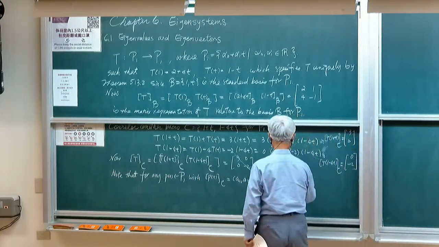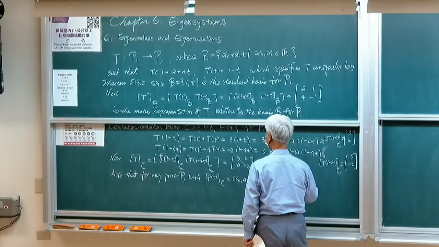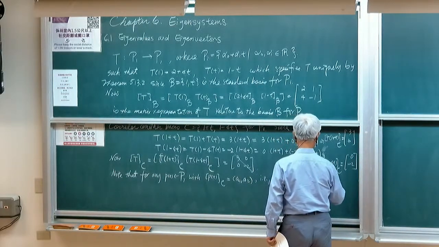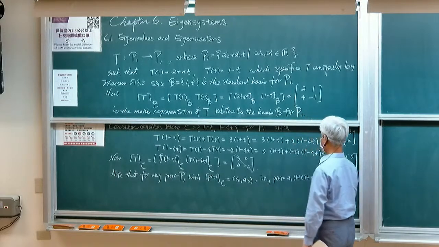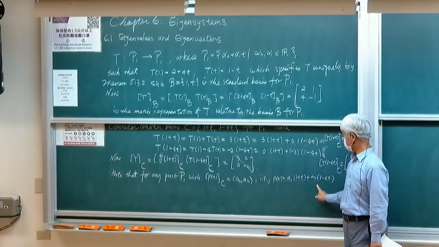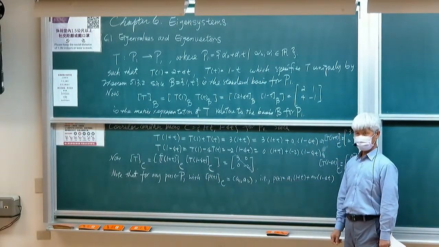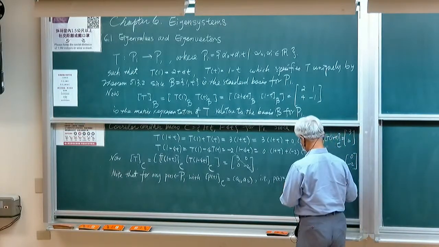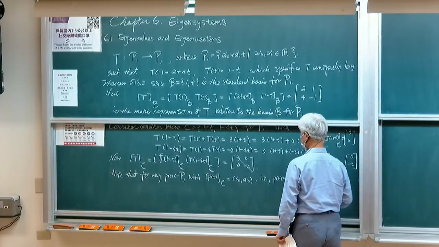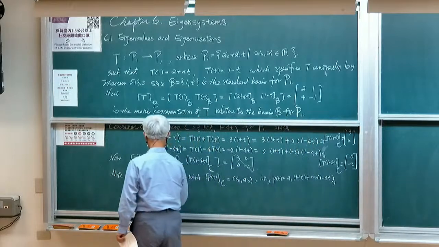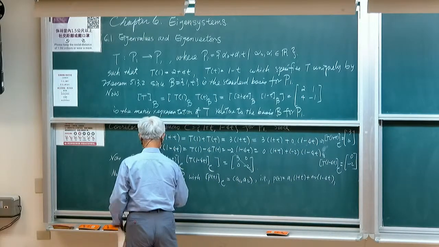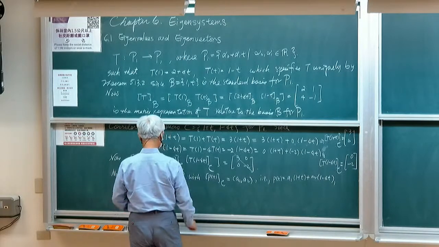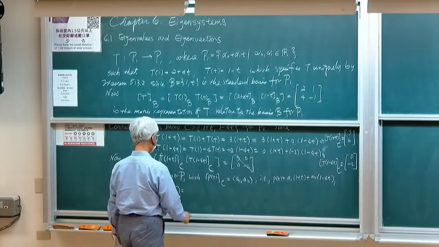So this is a1 times (1 plus t) plus a2 times (1 minus 4t). Okay, so p(t) is actually this polynomial. With that, we then have immediately T(p(t)).